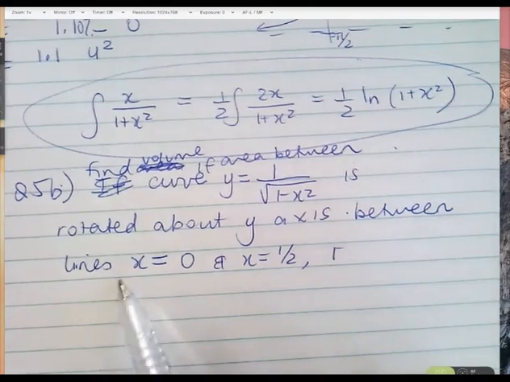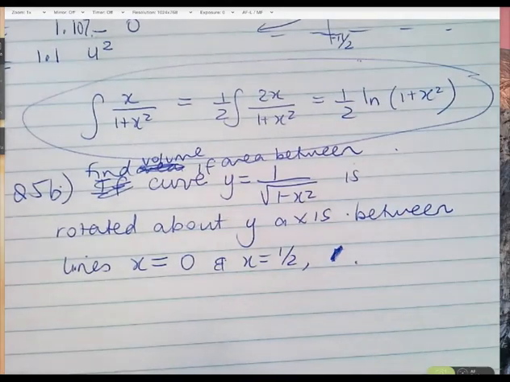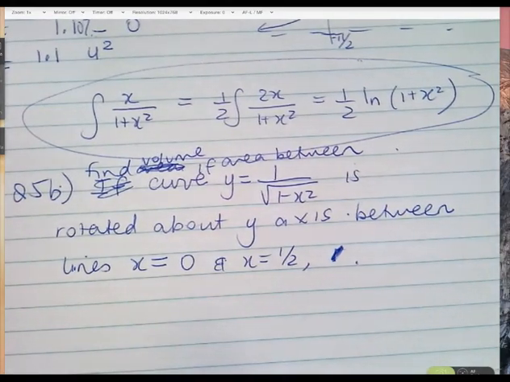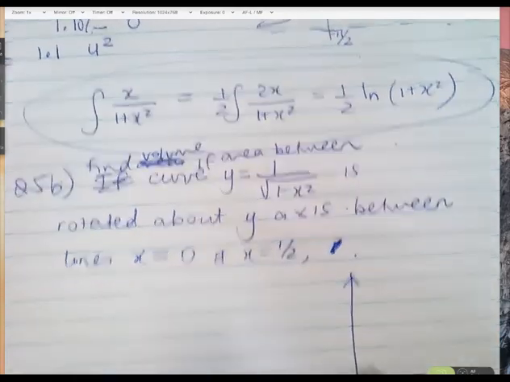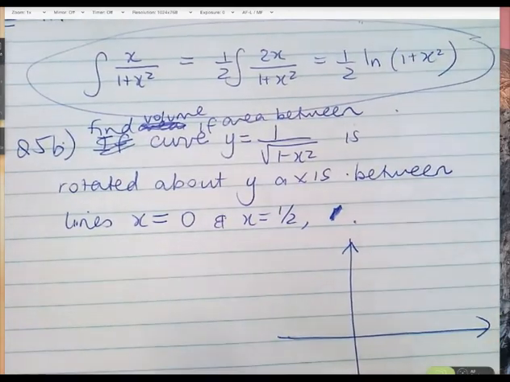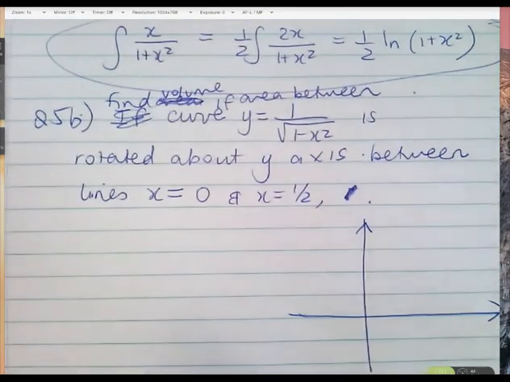But they're giving us x values here, not y values. Okay, so we've got to get the y values. All right, I'll draw a little sketch. Yes, because if you're integrating dy, you substitute in y values, not x values.